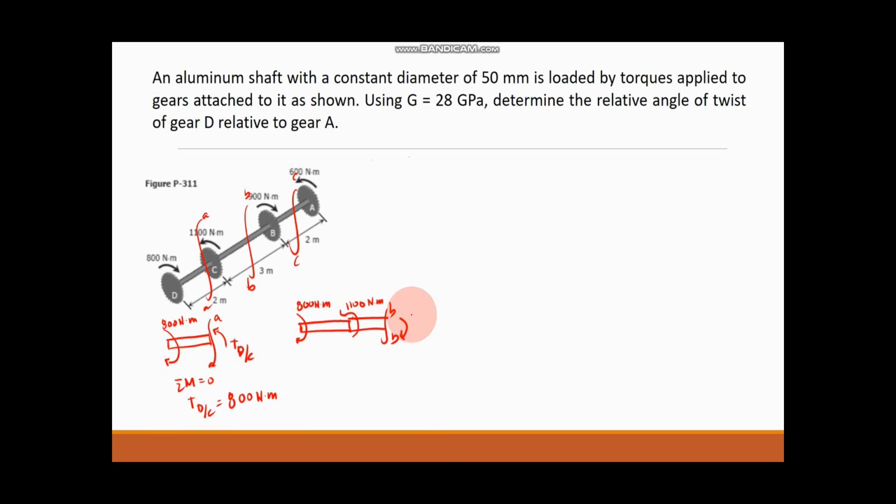So it has a torque here between gear B and C. So summation of moment is equal to 0. So 800 minus 1100 plus the torque between C and B is equal to 0. Therefore, it is equal to 300 Newton meter.